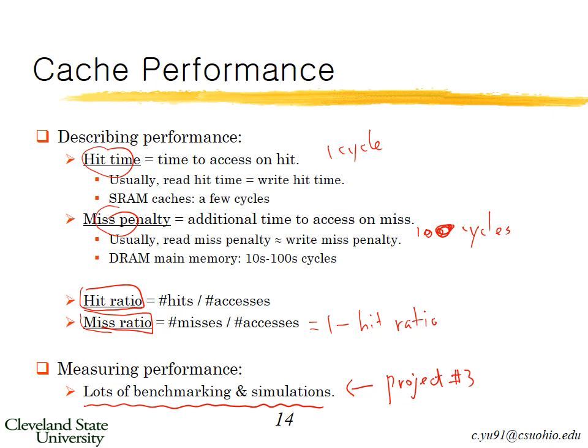Whenever designers at companies like Intel and ARM design new CPUs, they want to see how their cache is performing, what the proper size of the cache is, and what the proper block size is. There are a number of parameters they need to decide, and in order to know that, they run many benchmark simulation programs. That is actually the main subject of project number 3. We'll discuss it in detail later. This is the last slide.